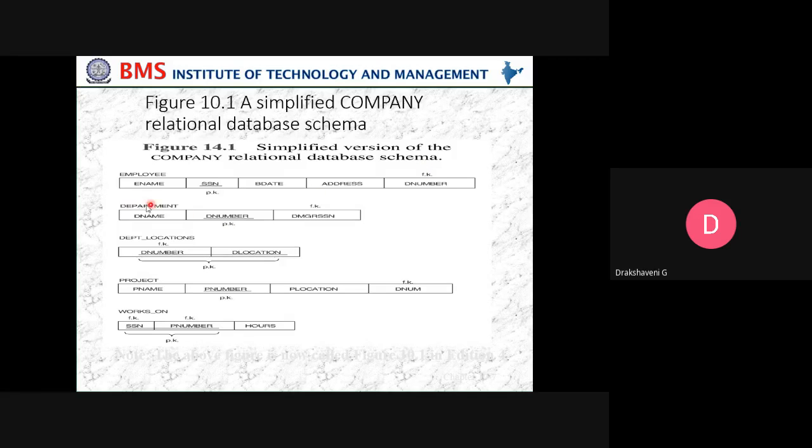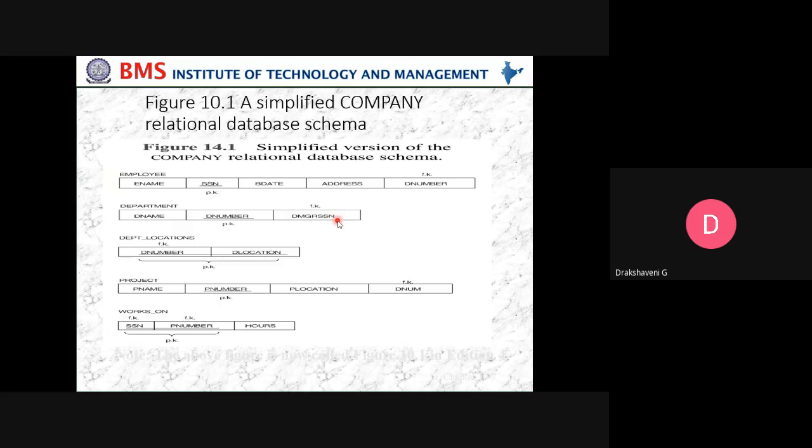Similarly, we have a relation called department: D name, D number, manager SSN.